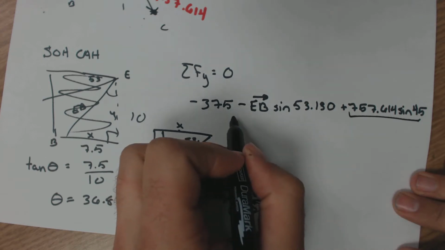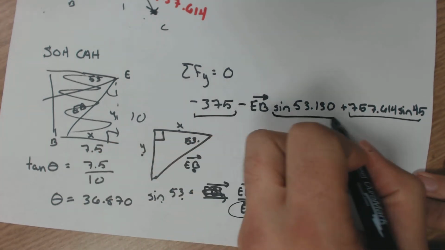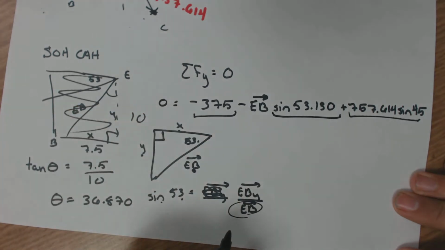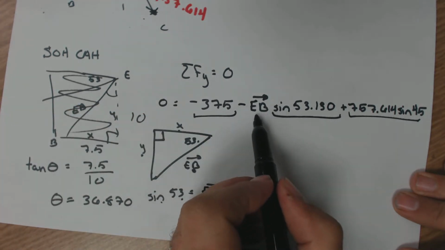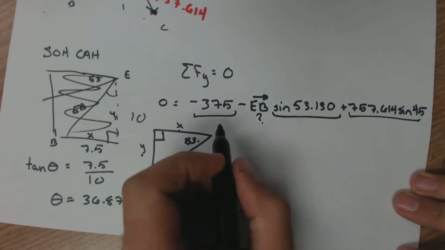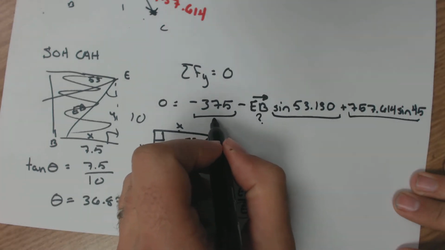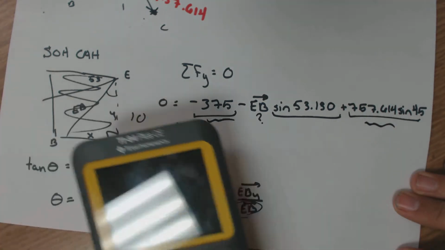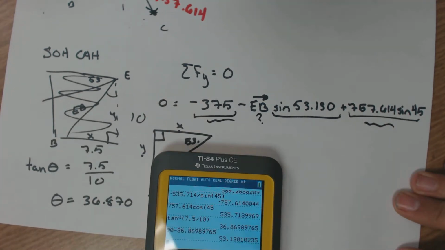That's a number. That's a number. That's a number. All of that must add up to equal 0. So my overall variable is EB. So I'm going to combine like terms. Negative 375 plus 757.614 sine 45.